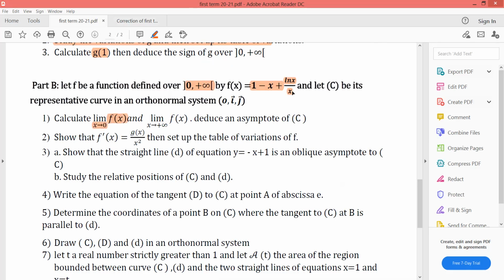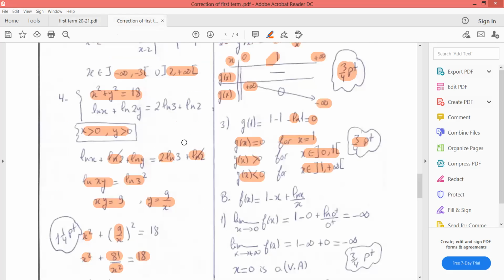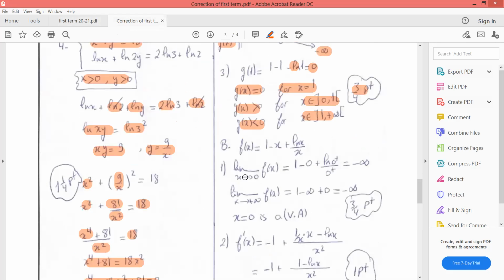We replace x by 0: 1 minus 0 is 1, ln 0 is minus infinity, over 0 plus, so minus infinity. We can deduce that x equals 0 is a vertical asymptote.